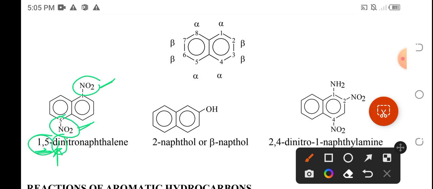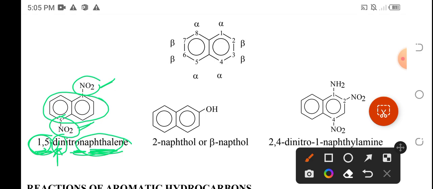But for this case, they are different, so 1, 5. Again, numbers will be separated using a comma, and words will be separated from the number using a dash. There should be no space in between the last name of the substituent and the parent chain. Okay, so dinitronaphthalene. Hindi na natin papangalanan na benzene ito ha, kasi the naphthalene is a collective name for these two fused rings.